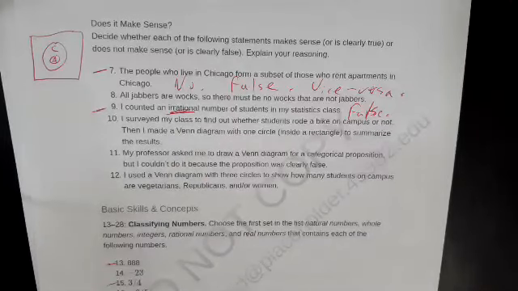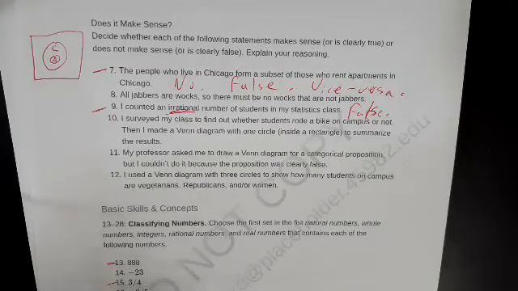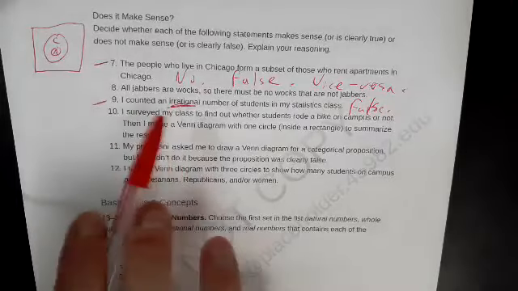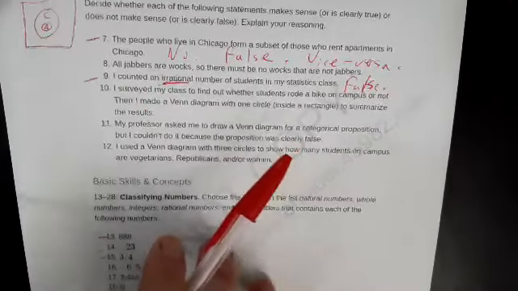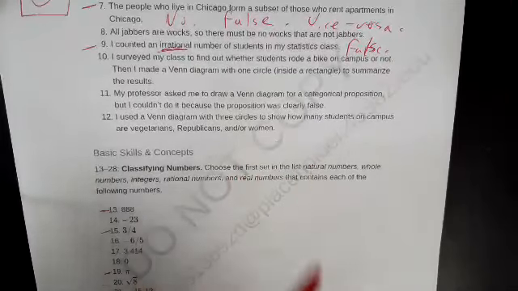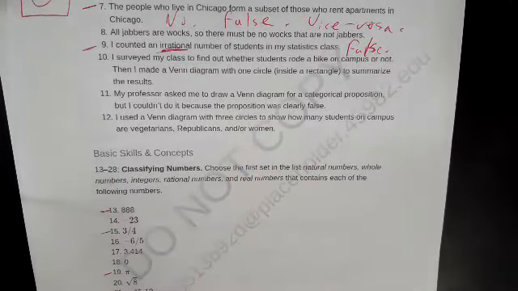Because I'm looking at it at face value of false and true. So why did you say that this was false? Because how does she know that the students that she counted are irrational?